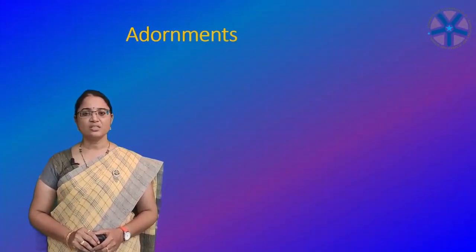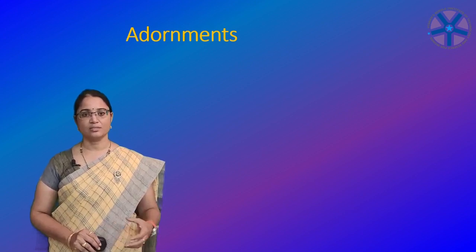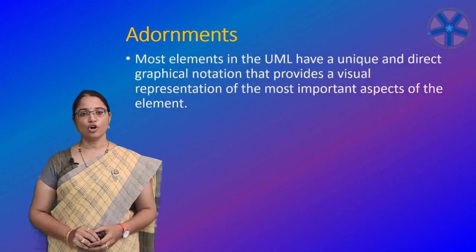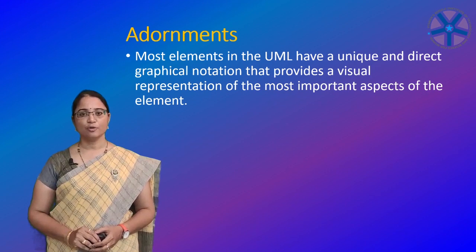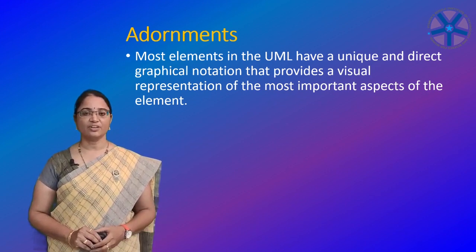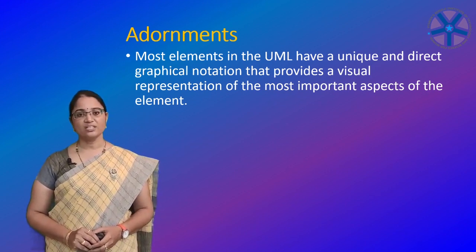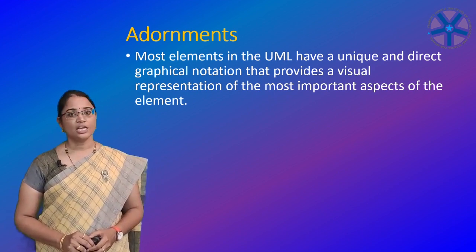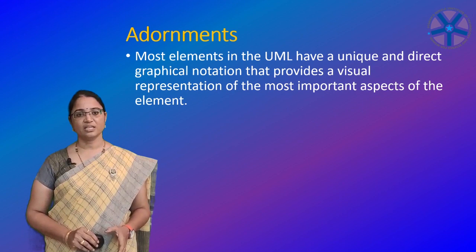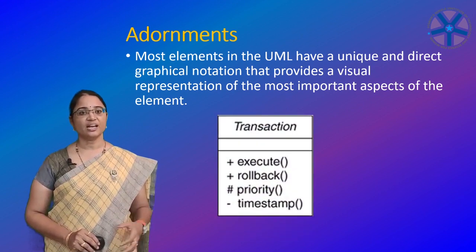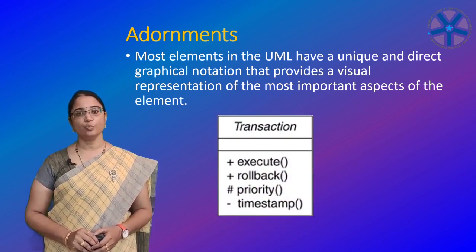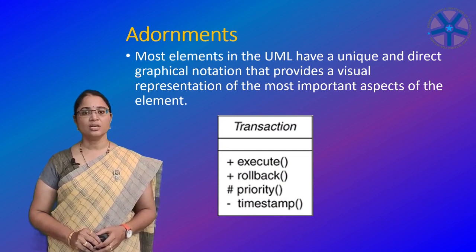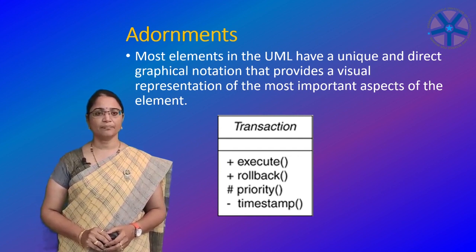Generally, adornments means the decorative parts of the system. Most elements in the UML have a unique and direct graphical notation that provides a visual representation of the most important aspects of the element. For example, the notation for a class is intentionally designed to be easy to draw because classes are the most common element found in modeling object-oriented systems.